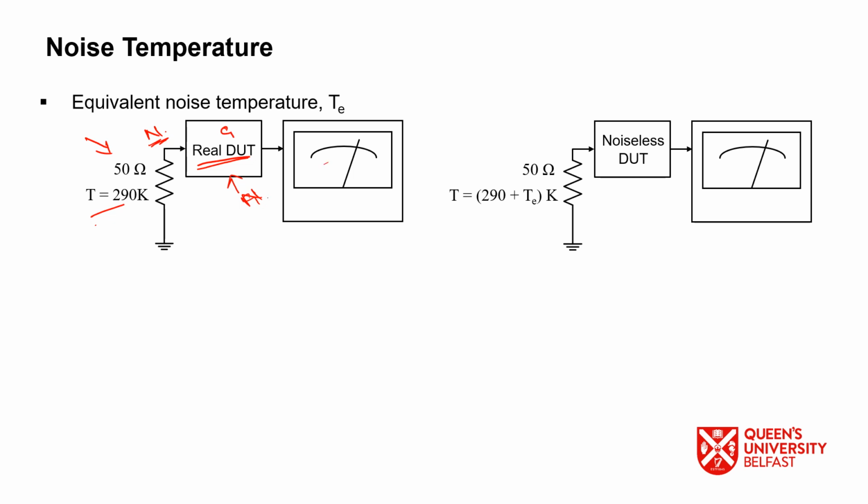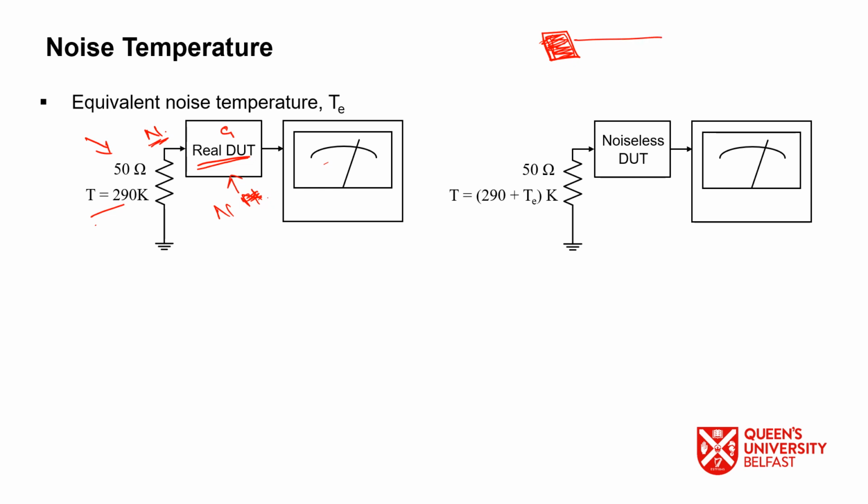So if I want to see what this noise created by this receiver is exactly, then I can consider that I have another receiver which is ideal, giving me no noise at all.